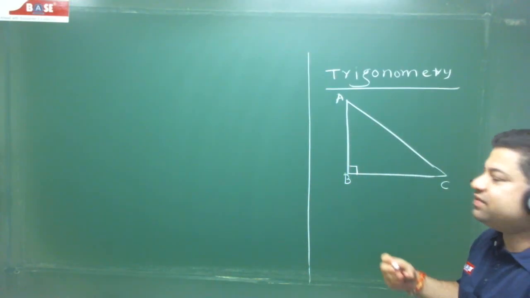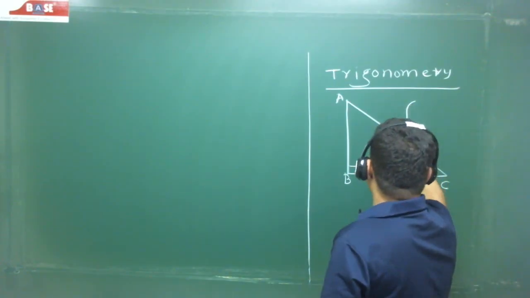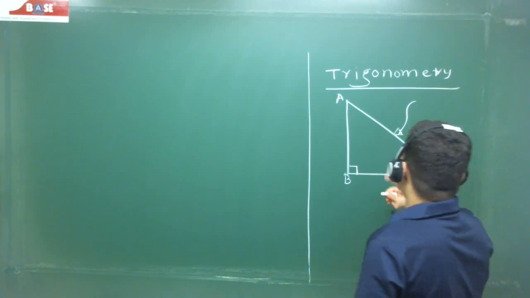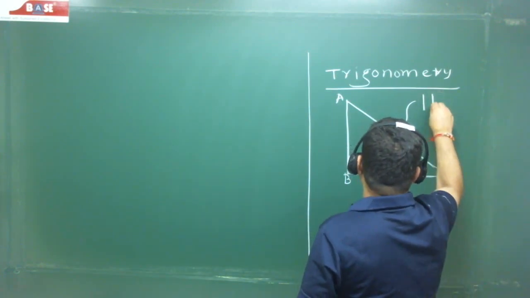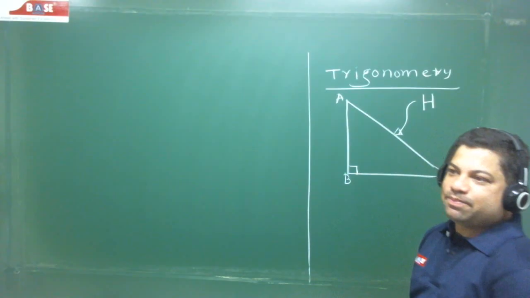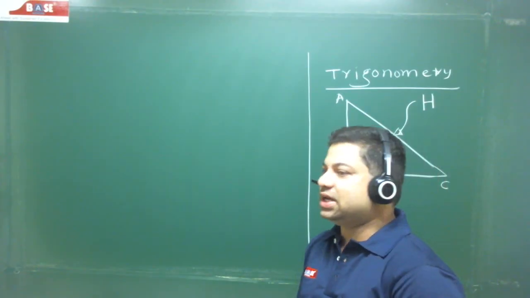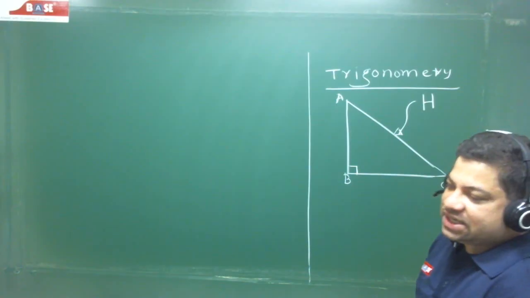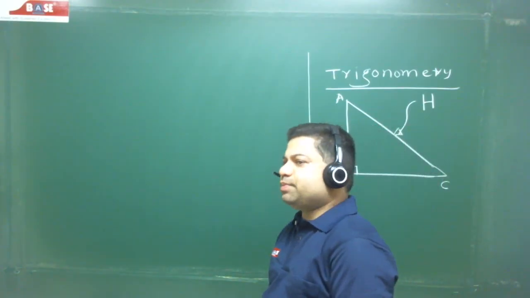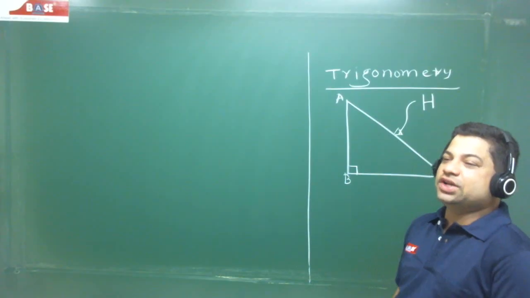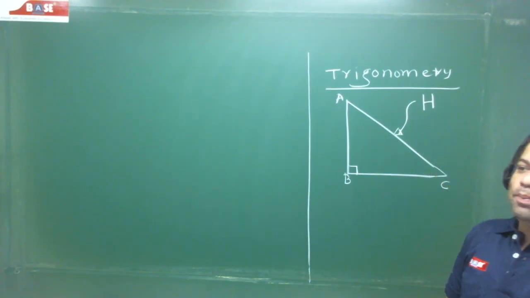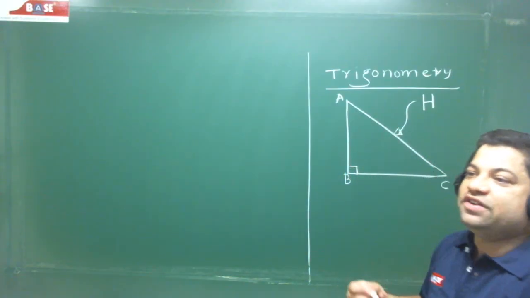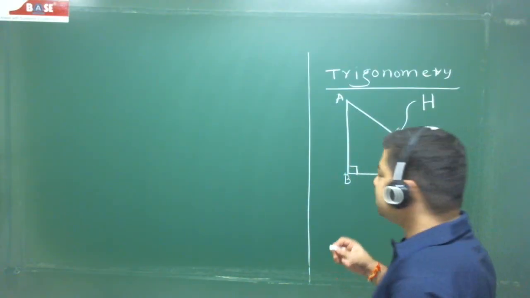Our standard notation is that the largest side of the right angle triangle we call the hypotenuse, simply represented by capital H, and the remaining two sides, one we call base and one we call perpendicular, or we can use the terminology opposite or adjacent. Fine. That depends upon which angle we are opting for.